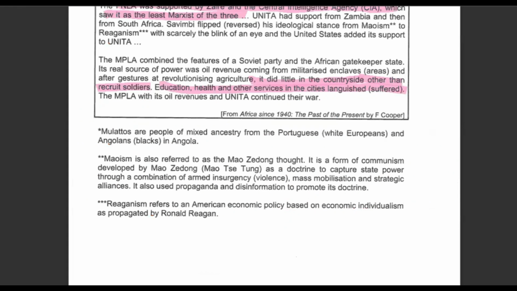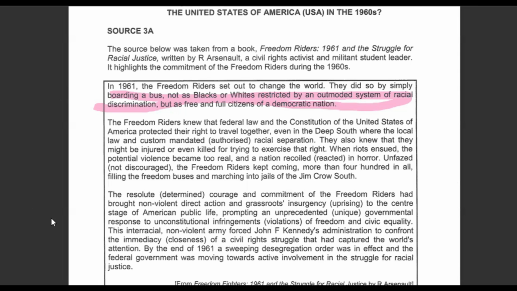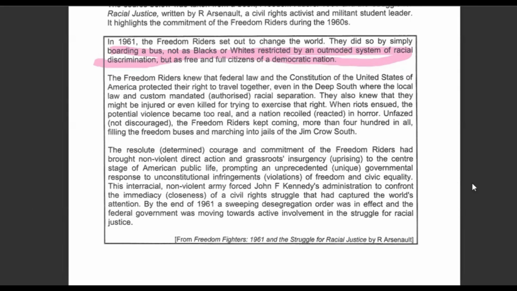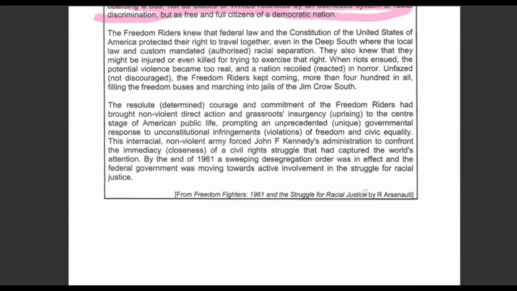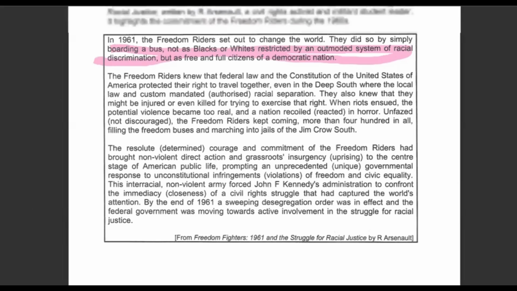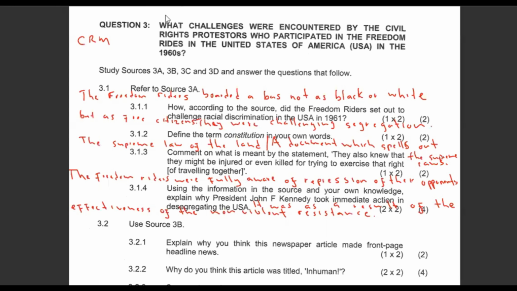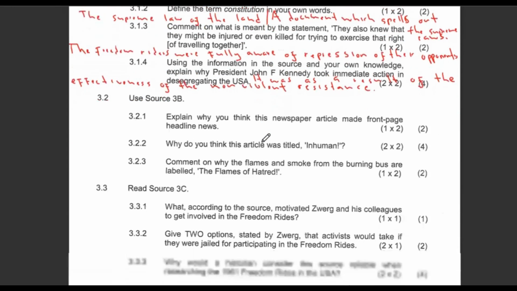You can go back to the source and find another reason again. All right. The second reason is that they used passive resistance to oppose segregation.